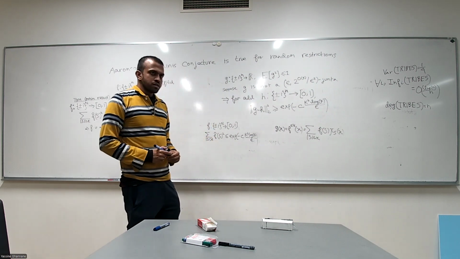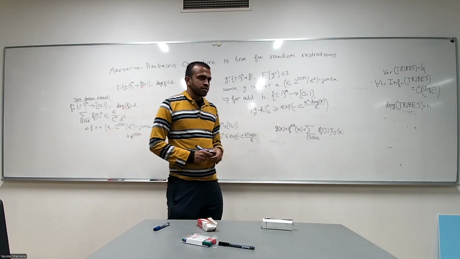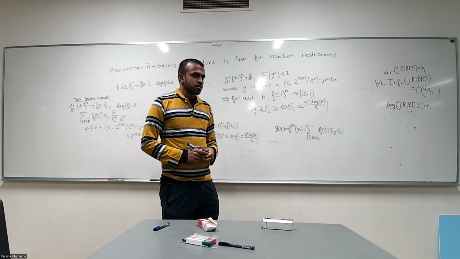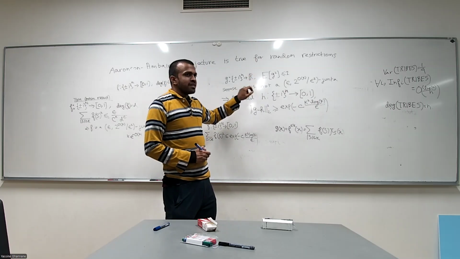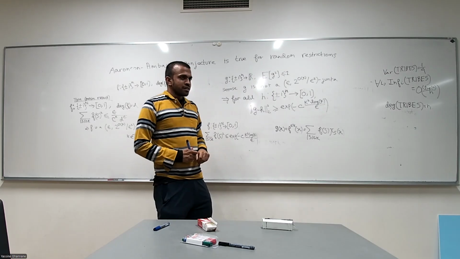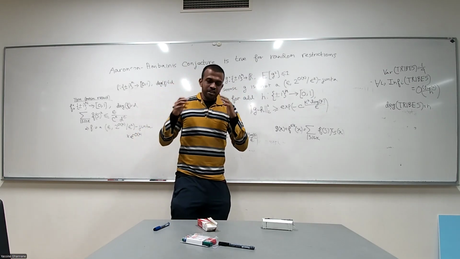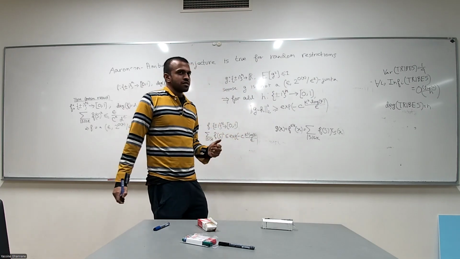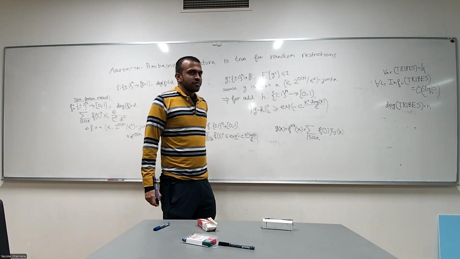The statement, h goes from plus minus 1 to the n to 0, 1. Like, why can't h be g? Because g is not bounded. It's part of the condition, it's a consequence of the condition. This implies g cannot be bounded if it's not a junta.